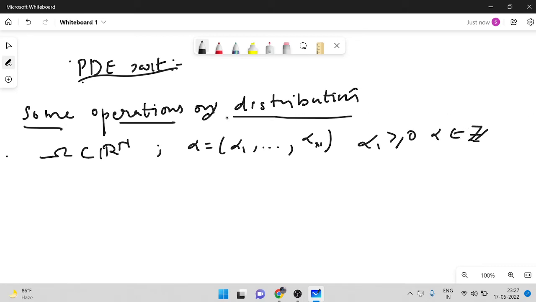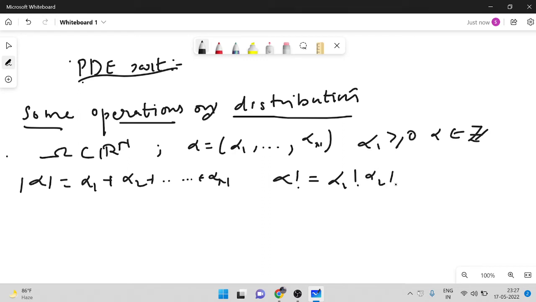So we define mod alpha to be alpha 1 plus alpha 2 plus so on till alpha n, and alpha factorial as alpha 1 factorial times alpha 2 factorial and so on till alpha n factorial.